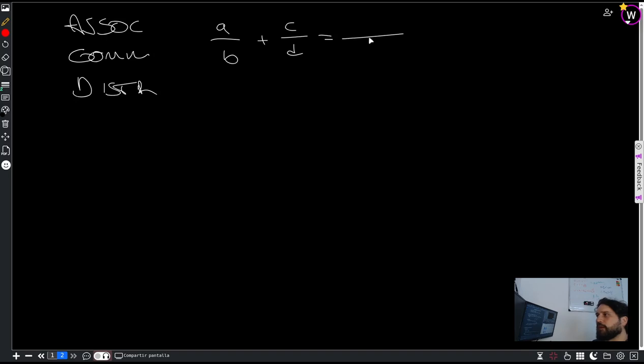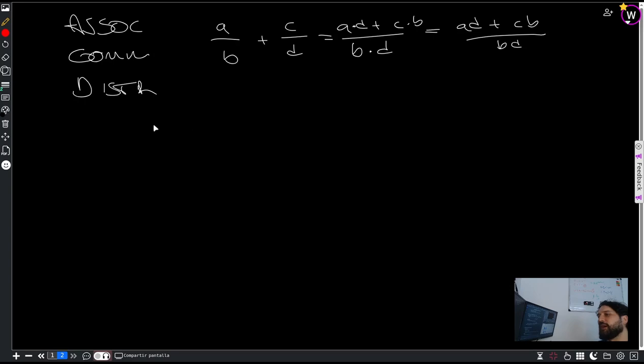So we can do that by multiplying the denominators, right? Like doing B times D, and then we can associate this like so, plus C times B. And by distributivity, we could express it AD plus CB over BD, right?